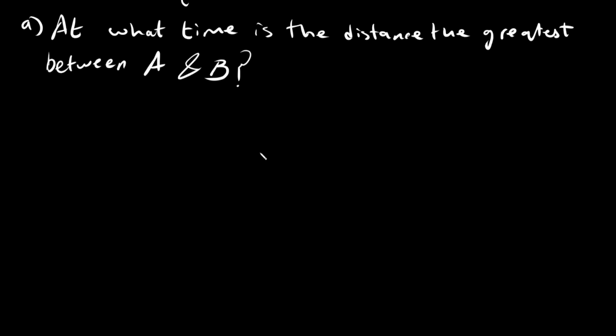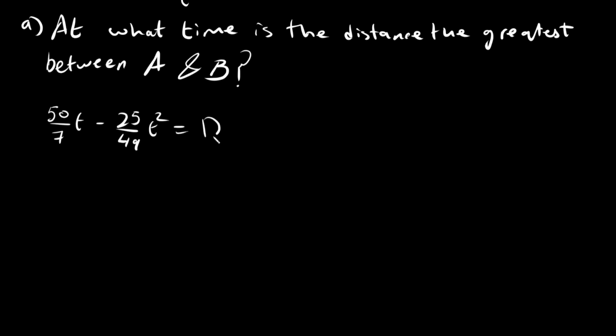Okay, so what I'm going to do is take my distance, which is basically 50 over 7 t minus 25 over 49 t to the power of 2.